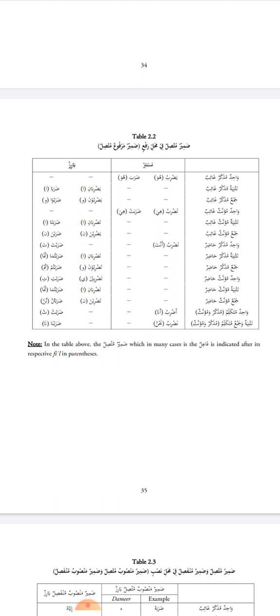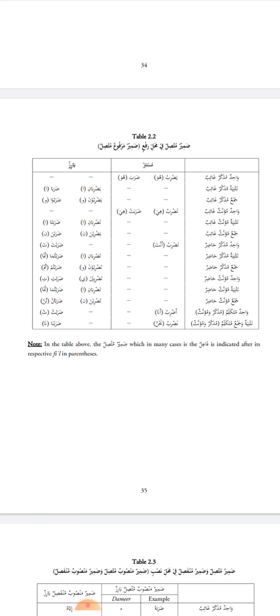Here we have dhamir munfasil fi mahalli raf'in, dhamirun marfu'un munfasil. On one side you have baris, on the other side you have mustatir. So what's mustatir? Mustatir is hidden. Like here we see in the first siga of fi'l mudari', daraba yadribu.